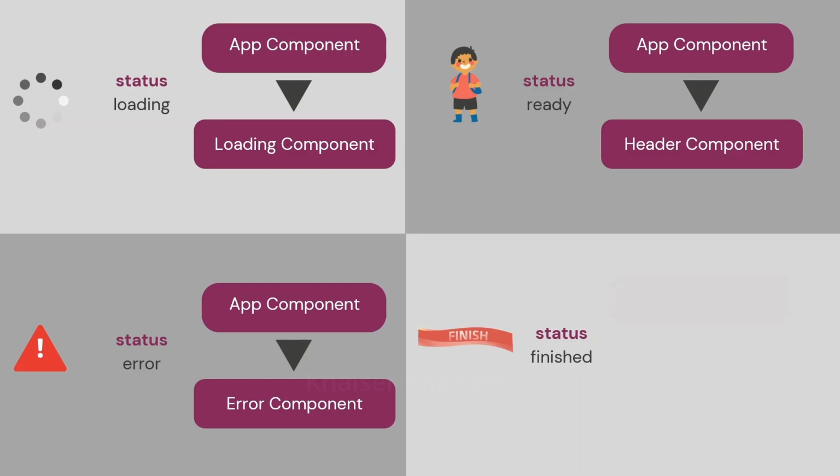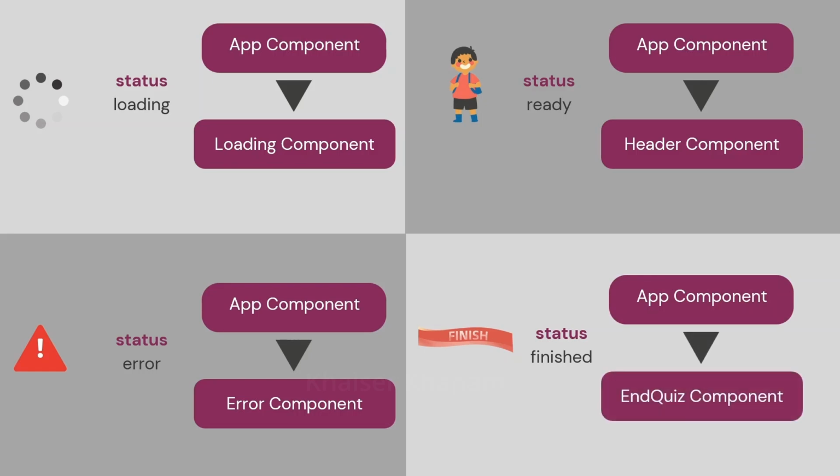Once my status is updated to finished, inside my app component, I just want to render this end quiz component where I will have my score displayed, an emoji displayed along with the text, as well as my percentage calculated. And inside this end quiz, again, I will have a button to restart my quiz. Once I click on restart quiz, again I am just going to update my status to ready. Again, the entire process will be repeated.